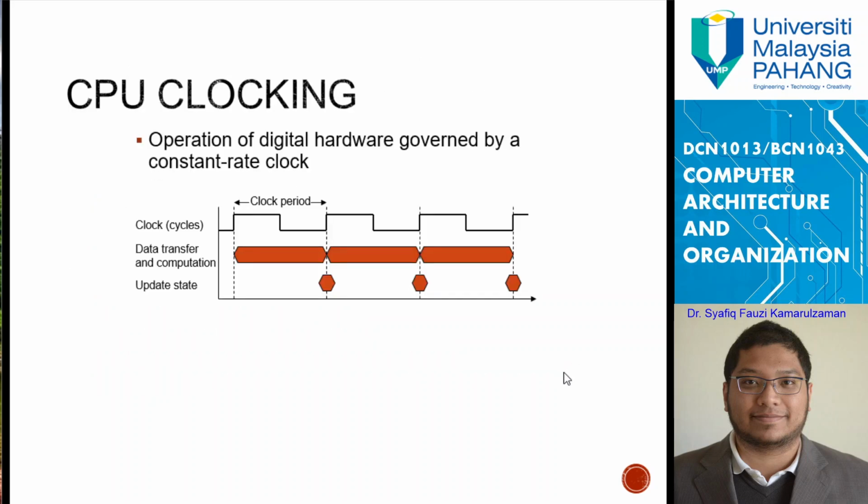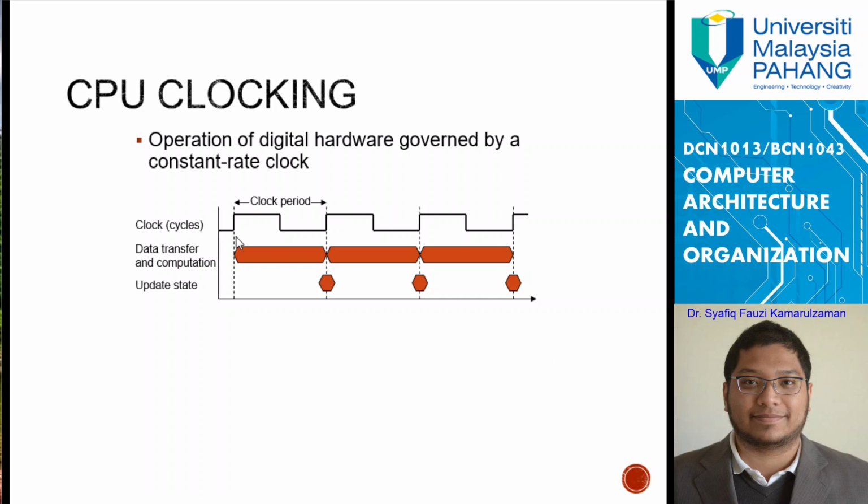If you see that, in the CPU we have a clock. The operation of digital hardware is governed by a constant rate clock. So if your CPU has a fast clock, like 4 gigahertz, it's much faster at operating instructions than a 2 gigahertz CPU. Why? Because our instructions are processed based on the clock rate.